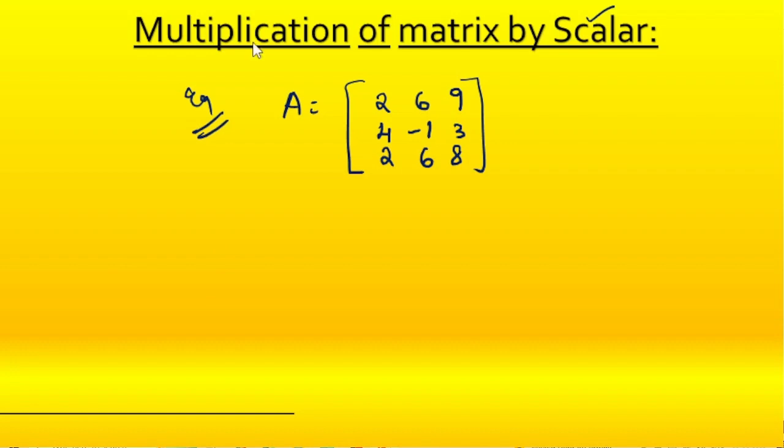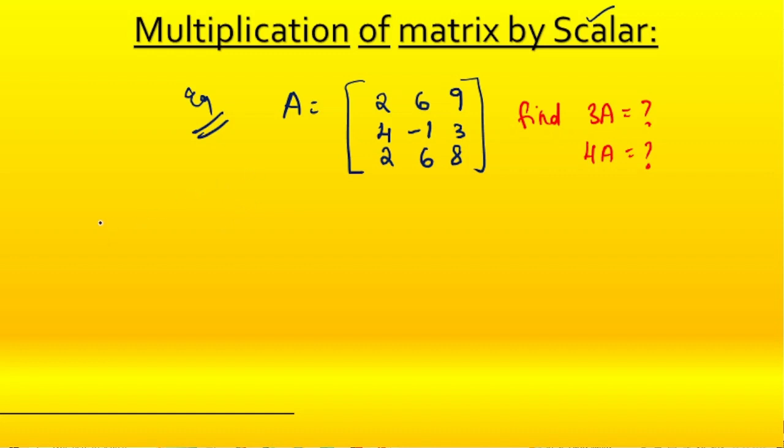Now the question is given like this: find 3A, 4A. How will you find? You know A, so you have to find 3A and 4A.